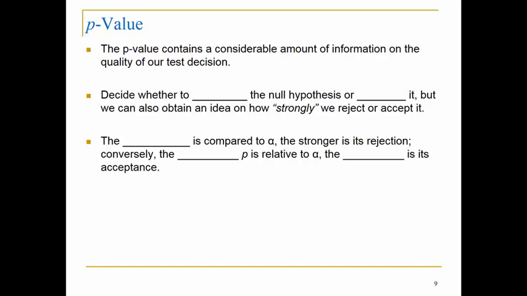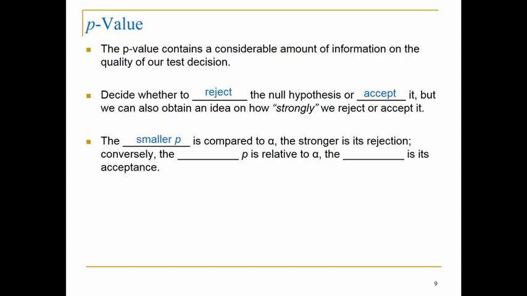The p-value contains a considerable amount of information on the quality of our test decision. We decide whether to reject the null hypothesis or accept it, but we can also obtain an idea of how strongly we reject or accept this hypothesis.